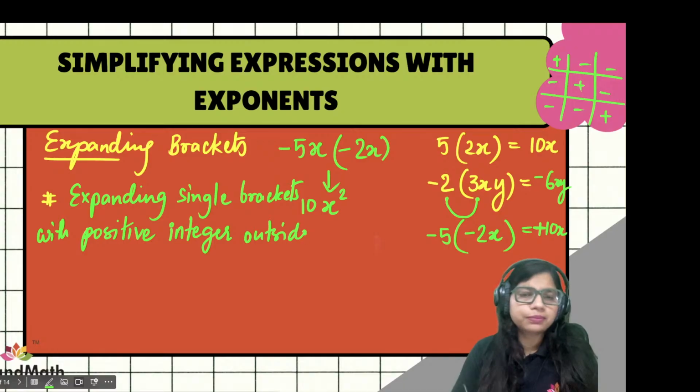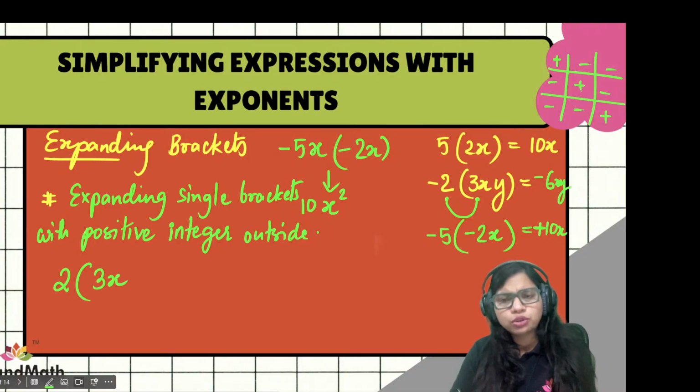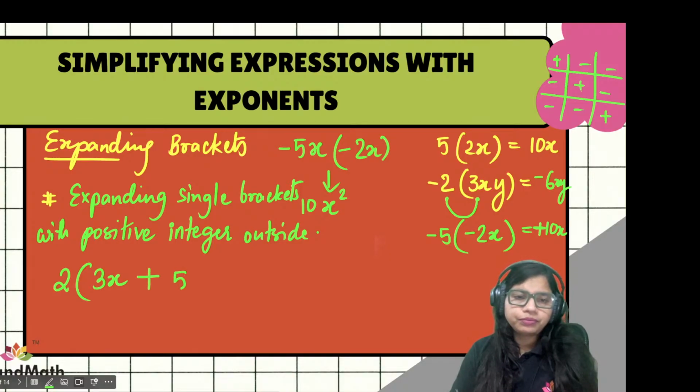This is the first type, meaning you will have a question like 2, 3x. Now I wouldn't be keeping it monomial. It could be a binomial, trinomial, something like that. So 2(3x plus 5).